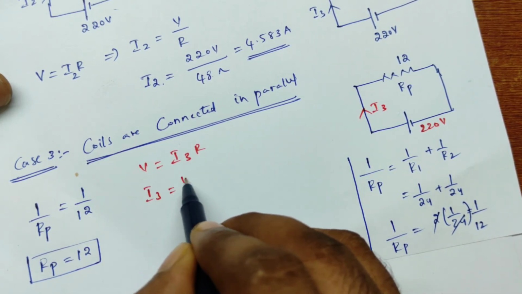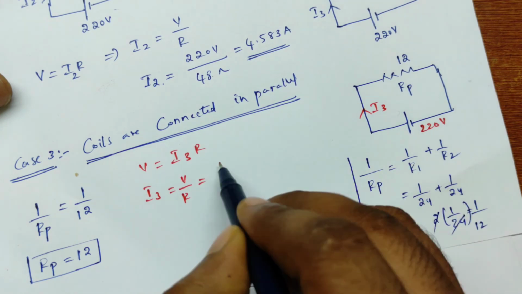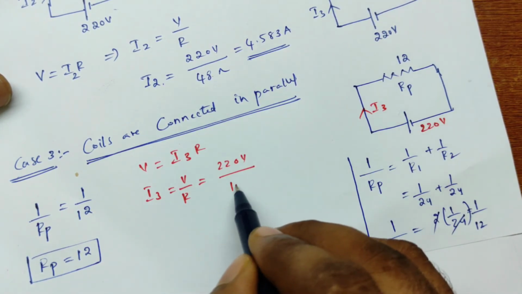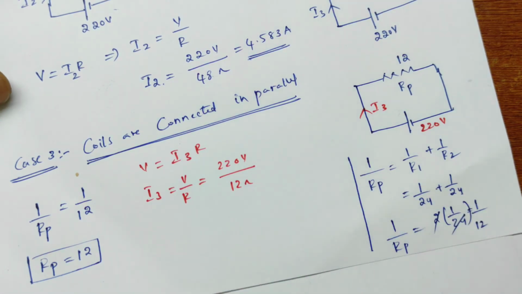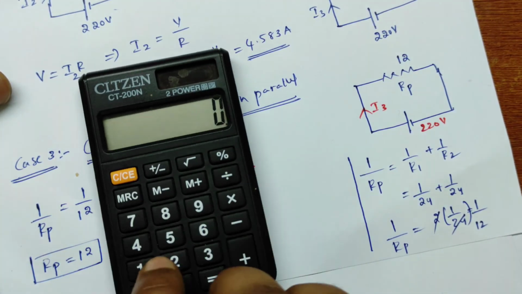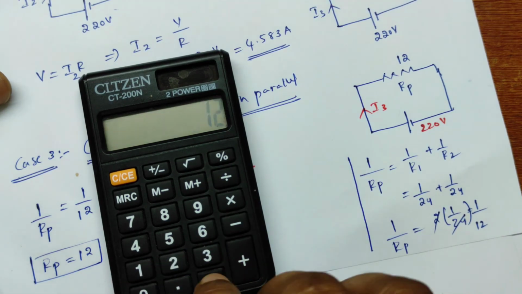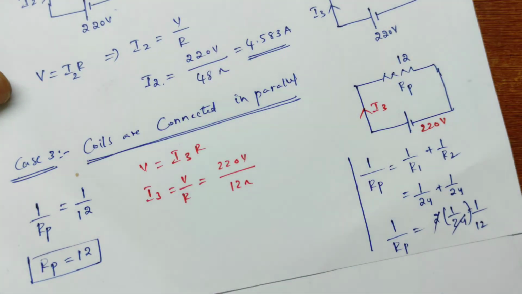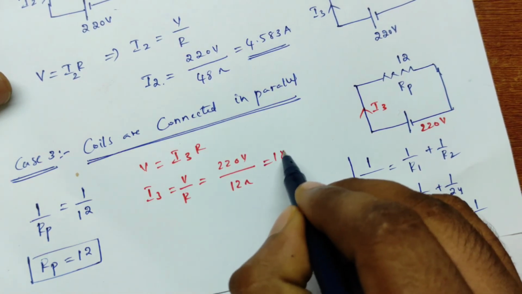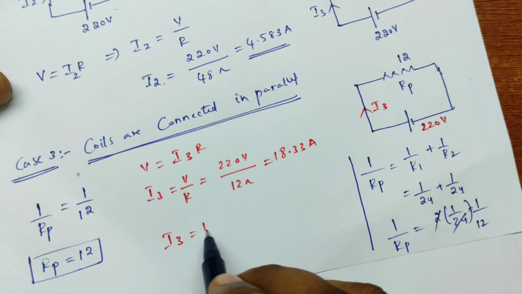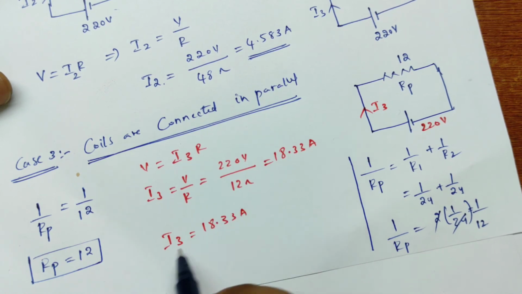I3 is equal to V by R. V here is 220 volts divided by R, 12 ohms. 220 divided by 12 is equal to 18.33 amperes. So I3 is equal to 18.33 amperes.